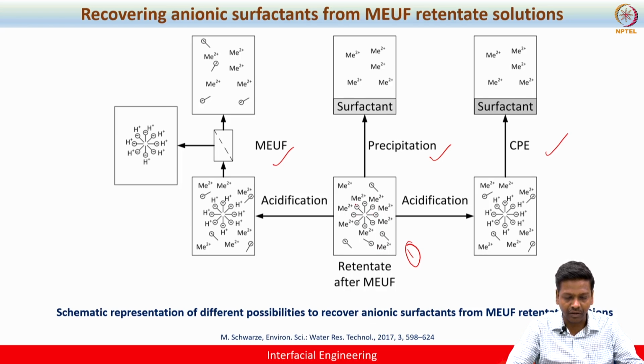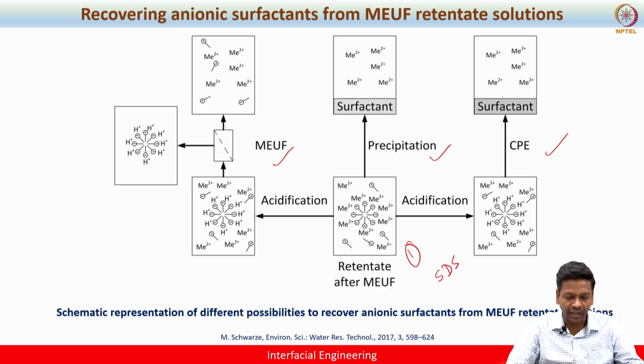Micelles are formed due to the self-assembly of, let's say, an anionic surfactant. We can take SDS as an example in this case. And around it you can see the cationic pollutants or cationic impurities. It can be any cationic pollutant, right?